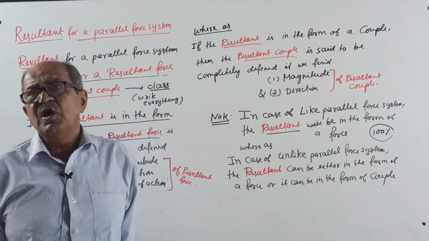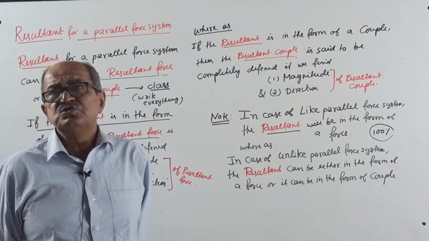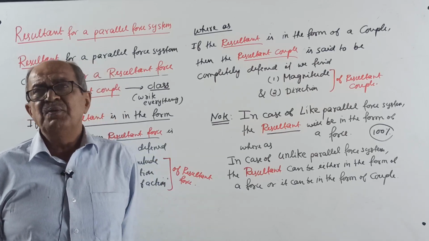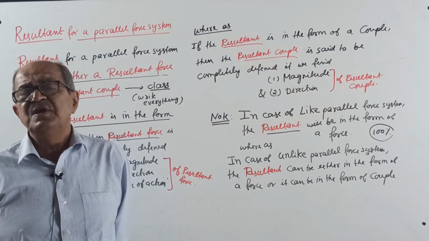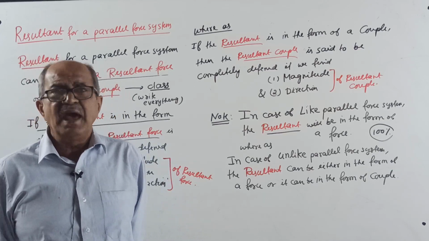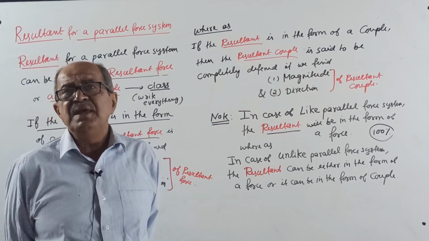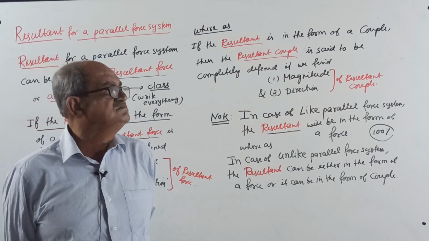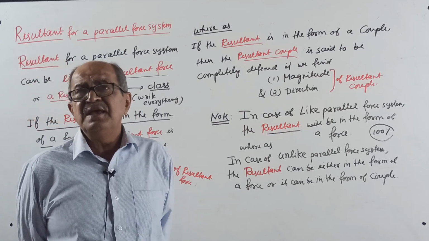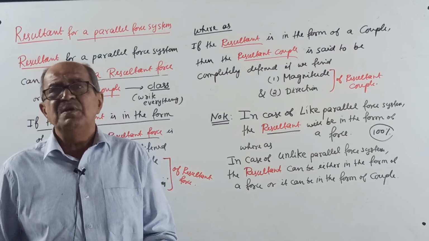Resultant is in the form of a force. But in case the resultant force vanishes, never blindly say the resultant is zero, then it is possible that the resultant can be in the form of a couple. But in case later the resultant couple also becomes zero, the system is in equilibrium.